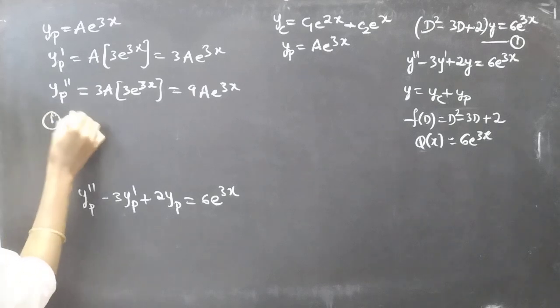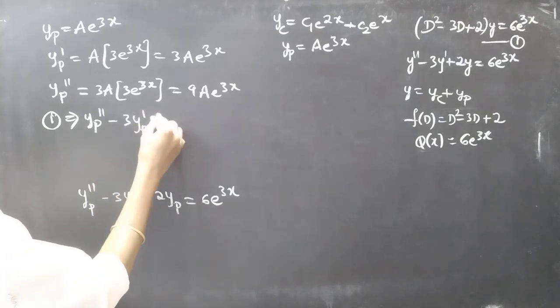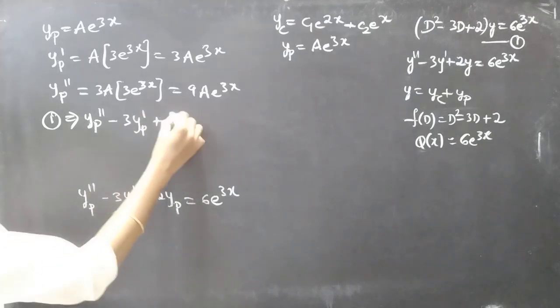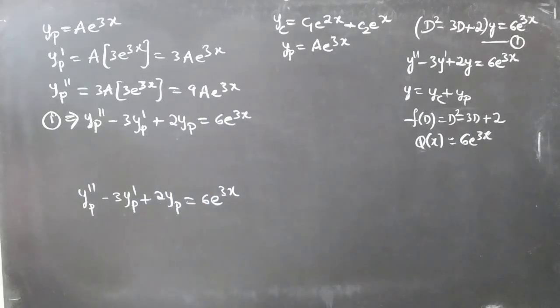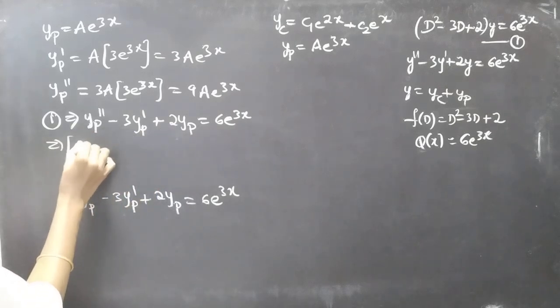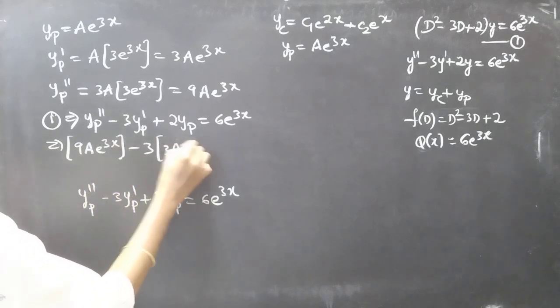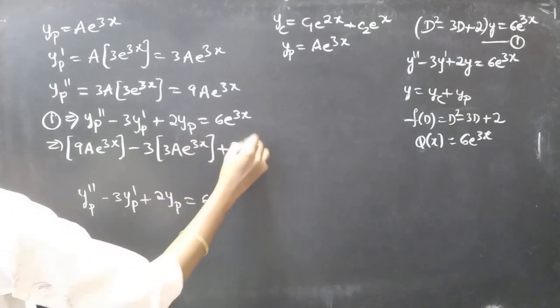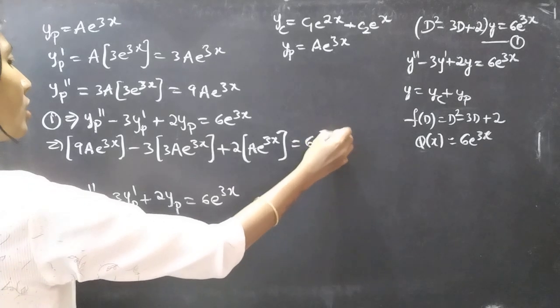Now we can write equation 1 in terms of yp, since we have chosen yp such that it satisfies the given equation. Substitute yp double dash, yp dash and yp here: 9a e power 3x minus 3 times 3a e power 3x, that is 9a e power 3x, plus 2 times a e power 3x equal to 6 e power 3x.